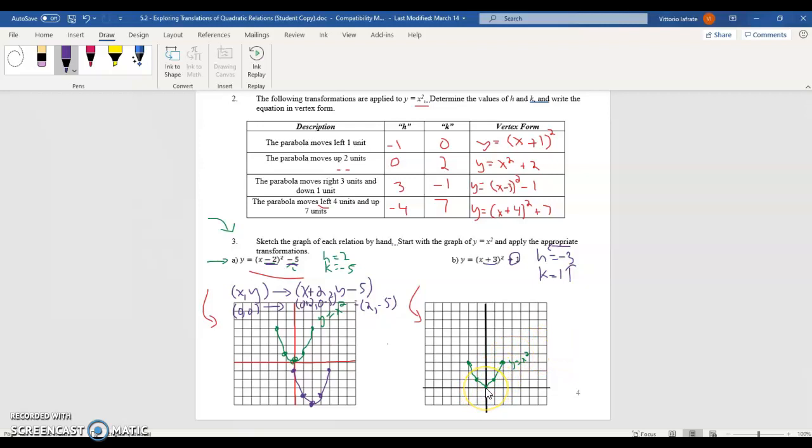Here we have 0, 0. We're going to go to the left 3 units, 1, 2, 3, and up 1. Just like that. Here we have negative 1, 1. So we're going to go to the left 3 units, 1, 2, 3, and up 1.